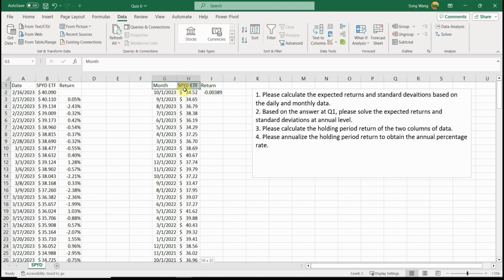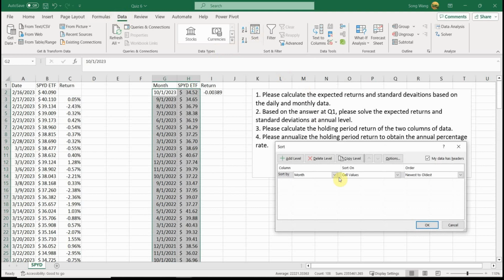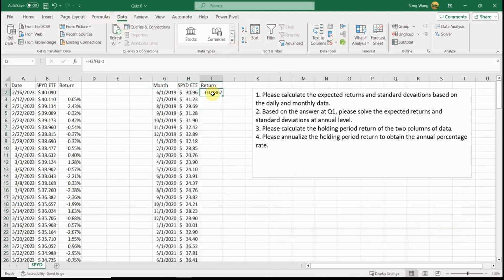So let me just recover the original setting. Again, you go to the Data tab, click Sort, and you sort the month from oldest to newest. Okay. And then let's just finish up this return calculation. Newer divided by earlier minus 1.